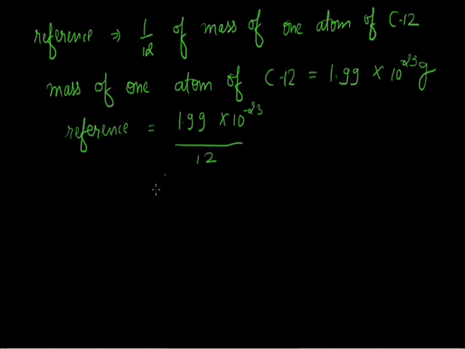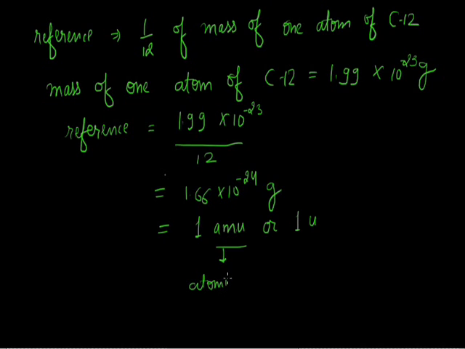It is equal to 1.66 into 10 raised to the power minus 24 gram, and it is 1 AMU or 1 U. AMU is the atomic mass unit and the U is unified mass.